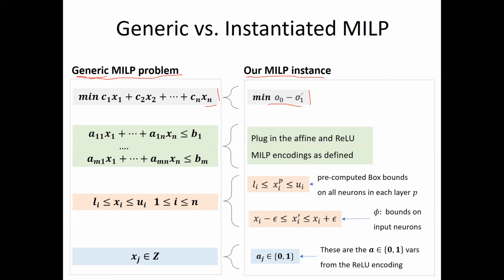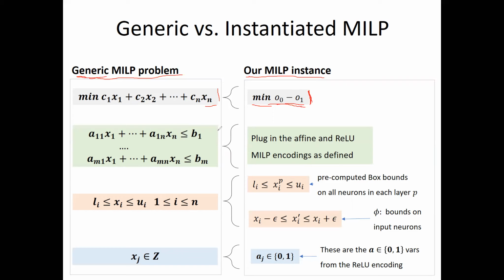O0 minus O1. If you have more labels, you have to think how you would state this. It's in the exercise. It would also be a similar minimization problem, except that it would involve more neurons, O0, O1, up to O9, for instance, if you're dealing with the MNIST character data set. So this is just here for binary classification, but you can trivially extend it to more than 2 labels.